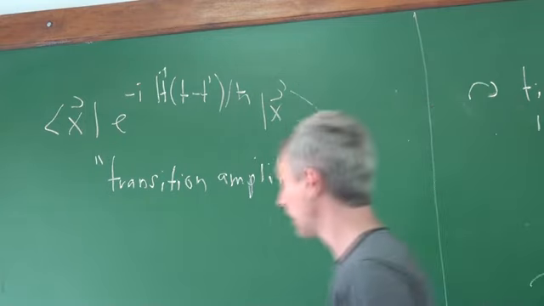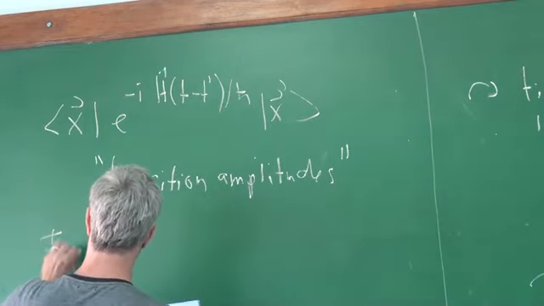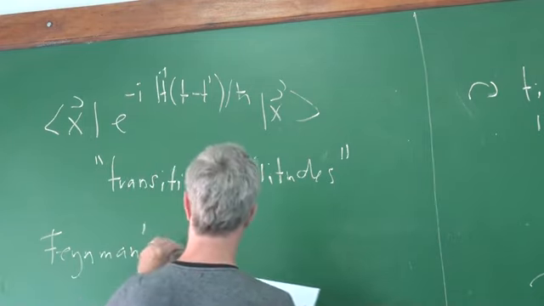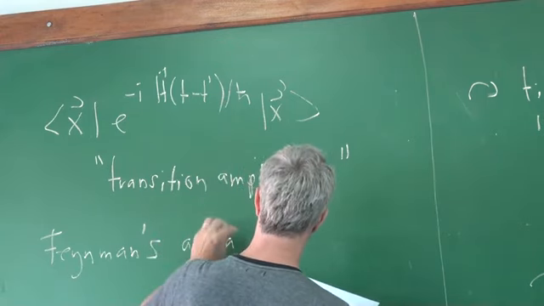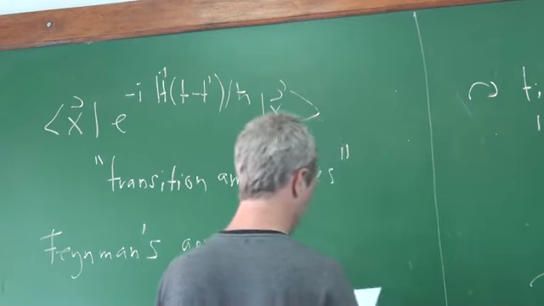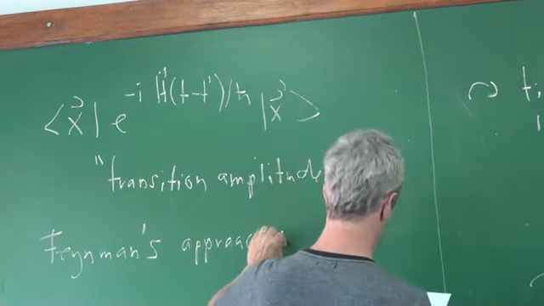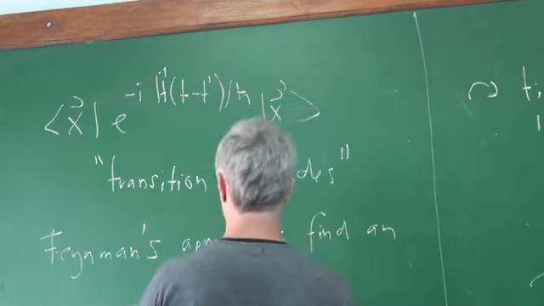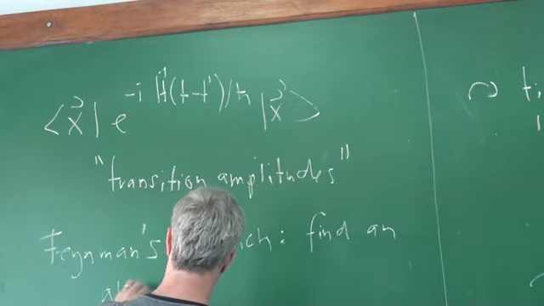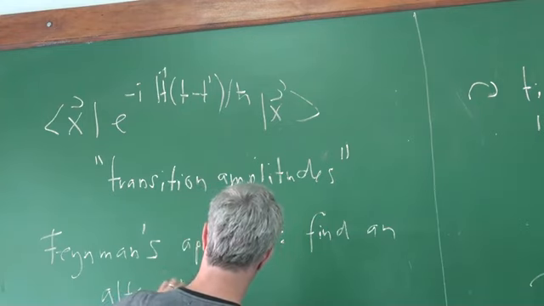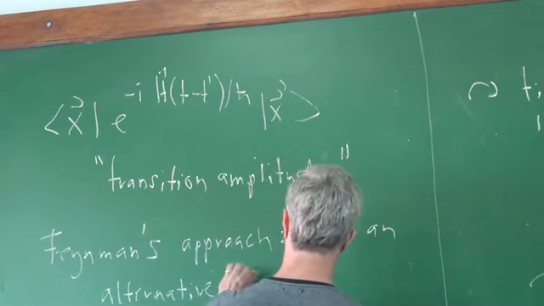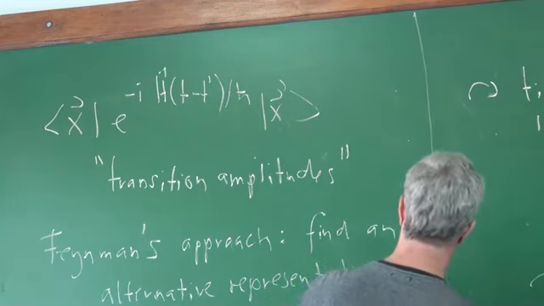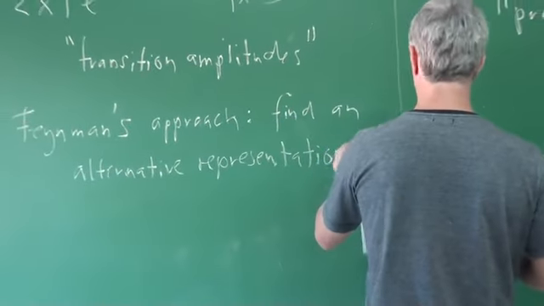Okay? And the idea of Feynman's approach is to find some alternative representation of this object. So elaborating on the first words of Dirac, Feynman found an alternative representation of these transition amplitudes in terms of some high-dimensional integrals.